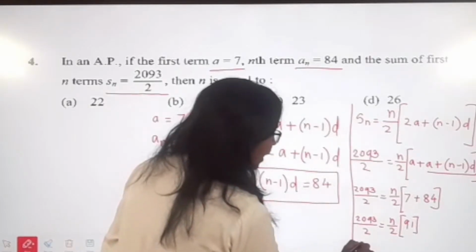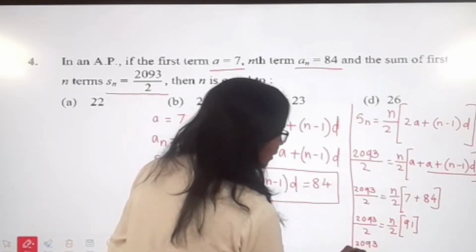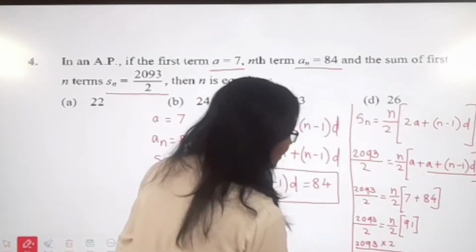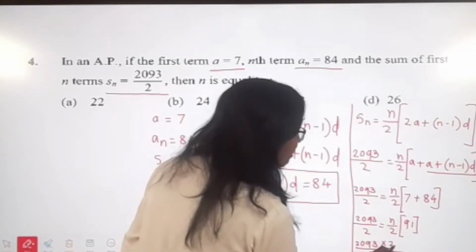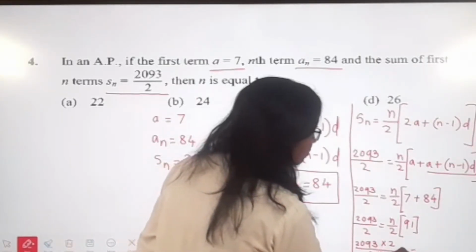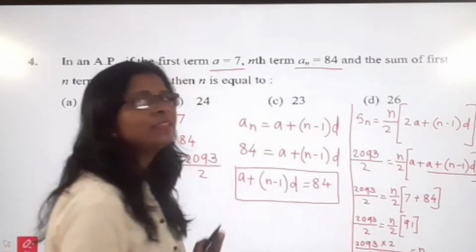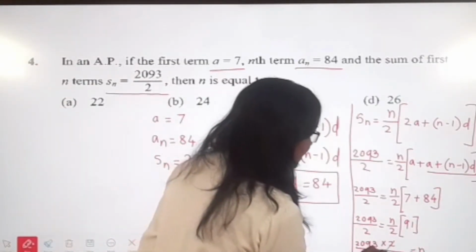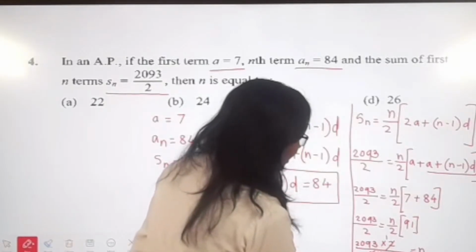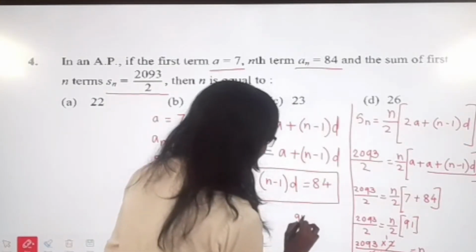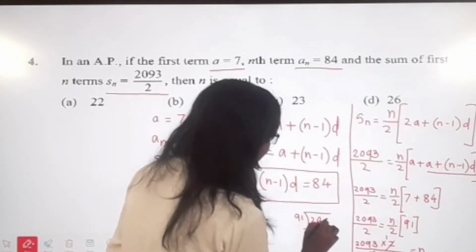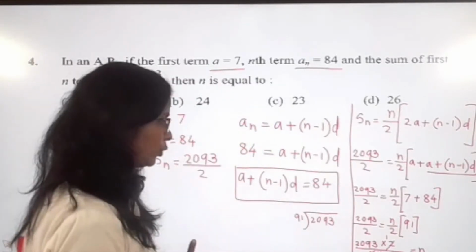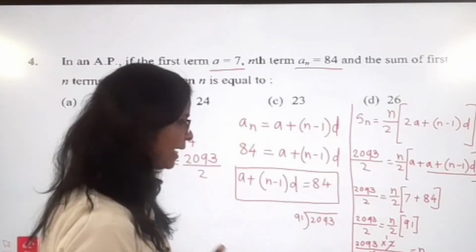So 2093 multiplied by 2 divided by 2 multiplied by 91 is equal to n. We simplify this. After simplification the 2s cancel out, then we do 2093 divided by 91.